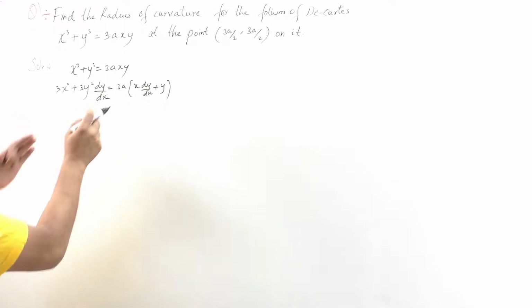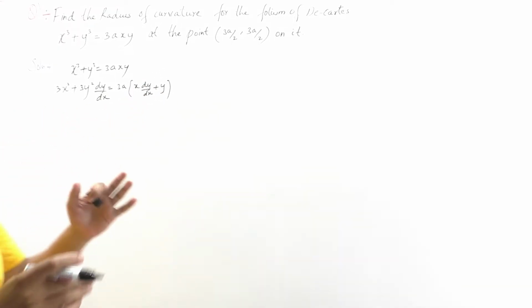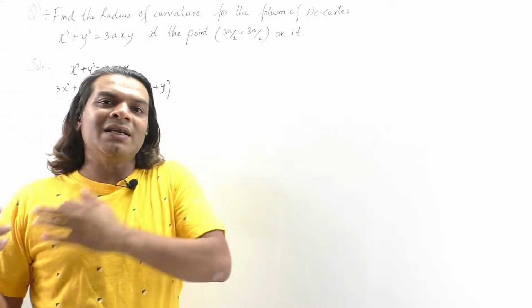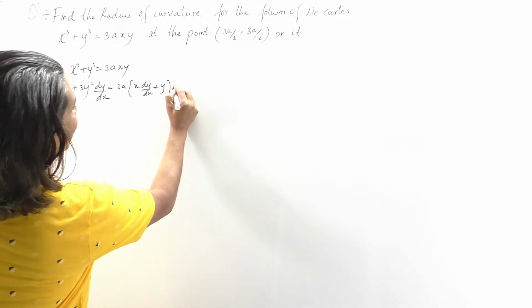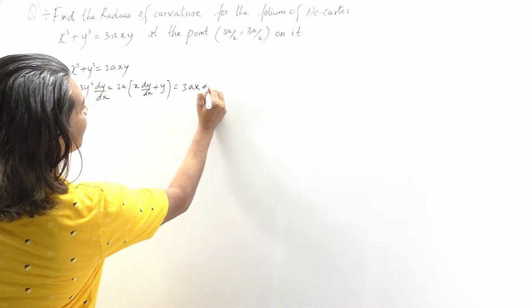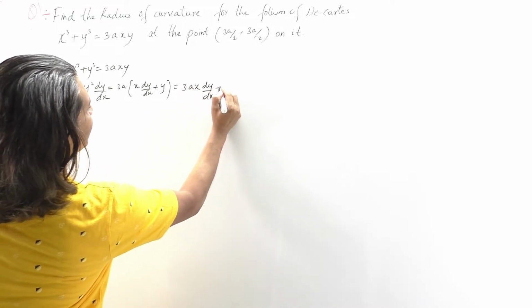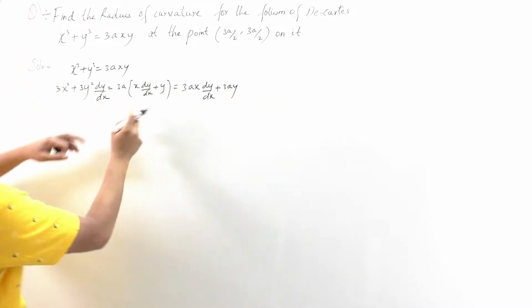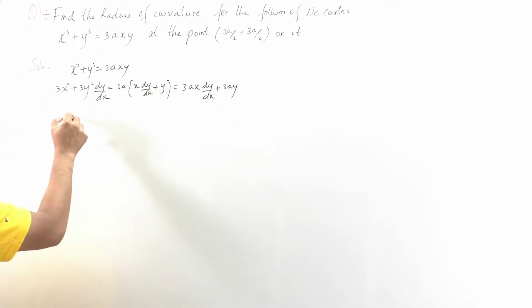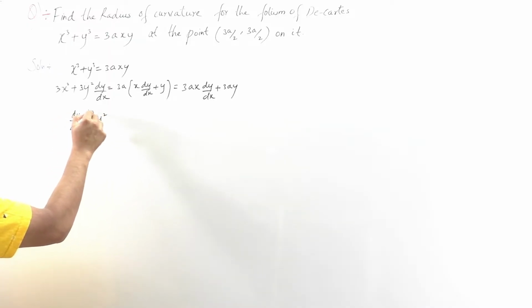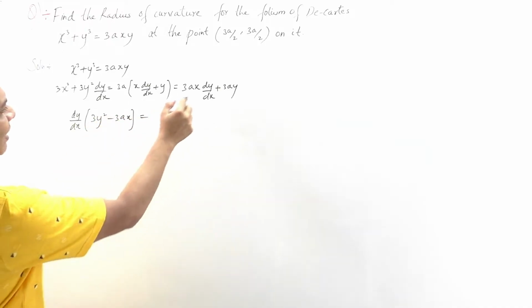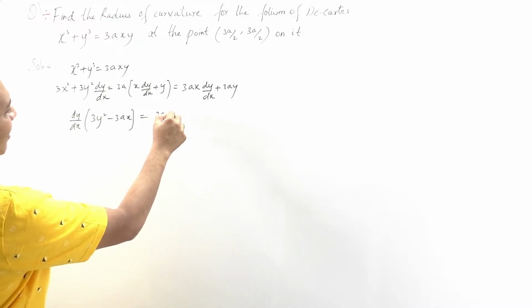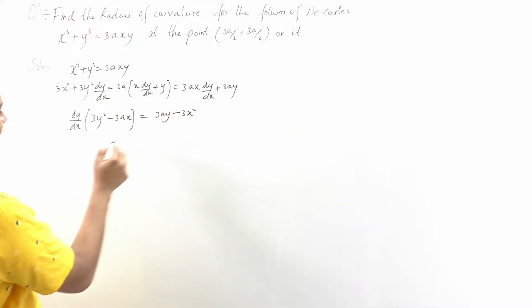Now, to find dy by dx, we need to group the dy by dx terms on the left hand side and everything else on the right hand side. I'll open this bracket here, that gives 3ax dy by dx plus 3ay. Now, bring all the dy by dx terms to this side, so we have dy by dx into (3y square minus 3ax) is equal to 3ay minus 3x square.